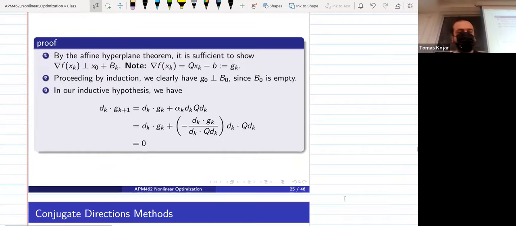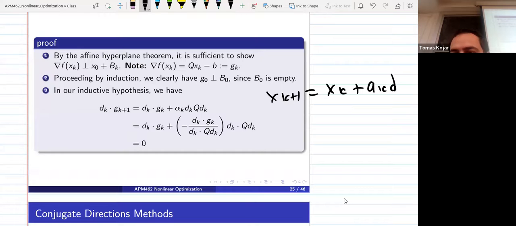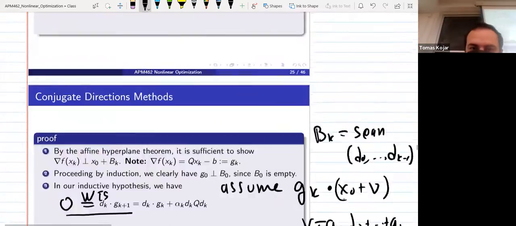So, good. But we have a formula for it. We had x_{k+1} is equal to x_k plus a_k d_k.